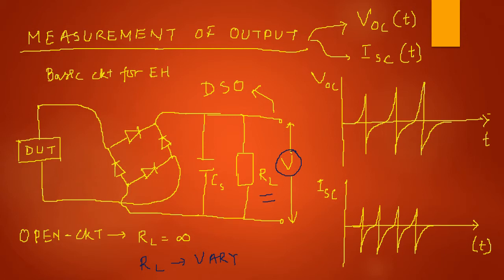Let's say you are going to vary this value of load resistance, because the maximum power transfer theorem says that if the input impedance equals the output impedance or load resistance, then only you will get maximum power. This is very fundamental. So whatever the internal resistance offered by your device, if that matches with the load resistance, then only you will get maximum power.